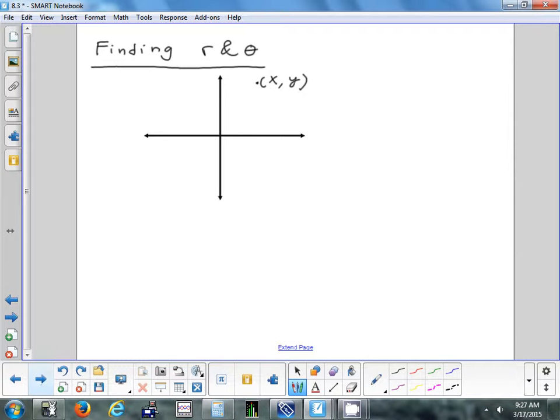All right, so how do we find r and theta? So here's your triangle. That's x and y. How do you think you'd get r based on knowing x and y? Taylor? Do you have any angles?